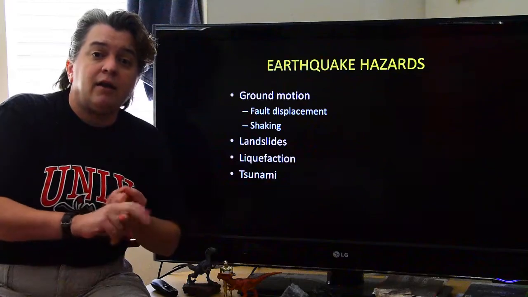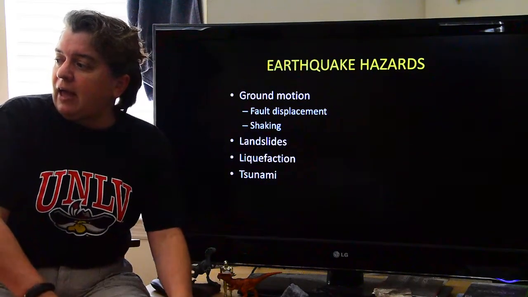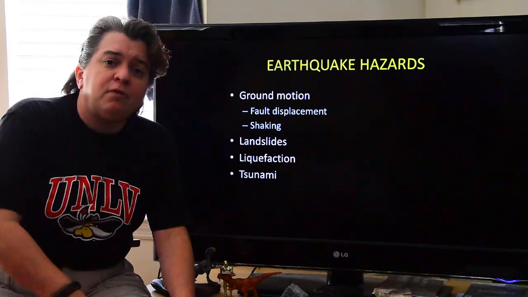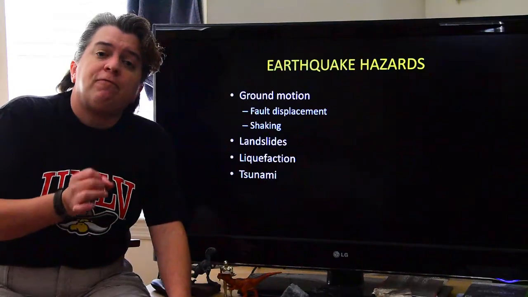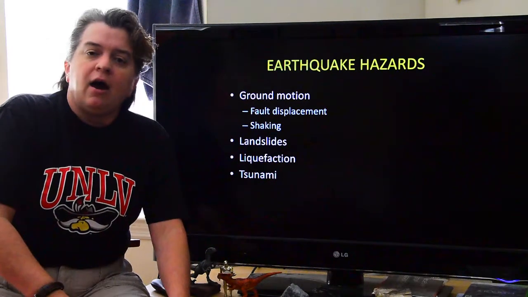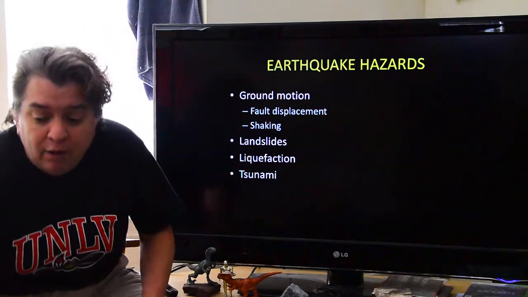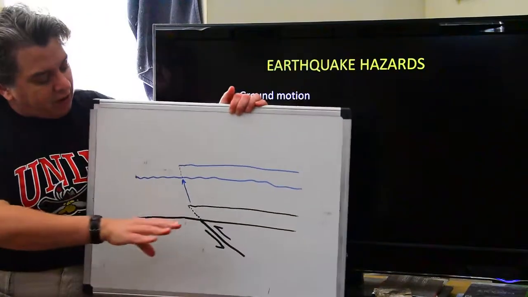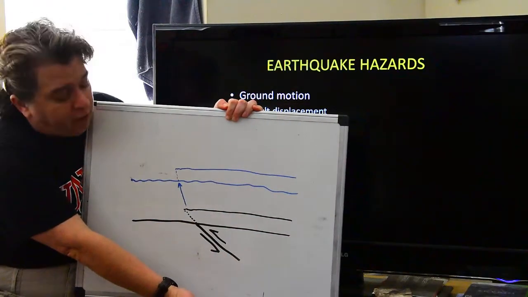Number one, it needs to be a strong earthquake. We need basically a magnitude 7 or above earthquake. The earthquake focus also needs to be shallow. And what I mean by shallow, I'm not talking about shallow water, I'm talking about the earthquake isn't deep underground.